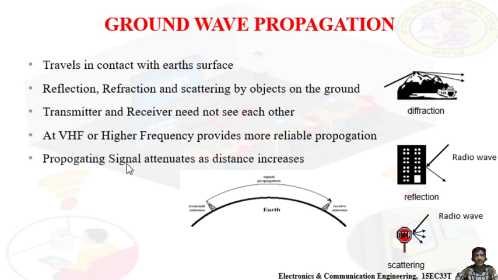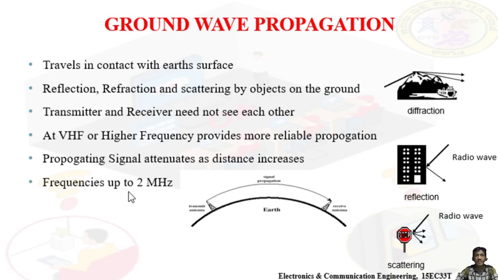The propagating signal attenuates as distance increases. If the distance between the transmitting and receiving antenna increases, the signal gradually attenuates. We try to avoid increasing the distance between transmitting and receiving. It should be reduced as much as possible so that the signal is not attenuated.